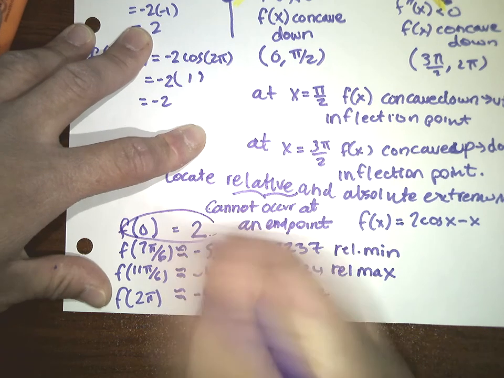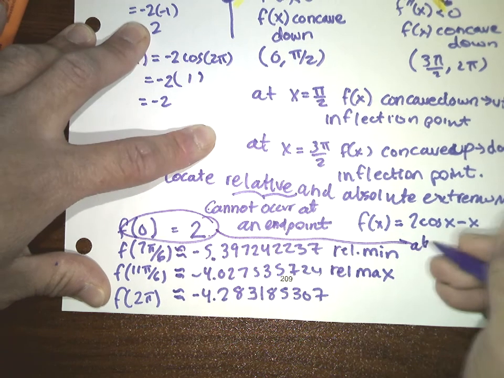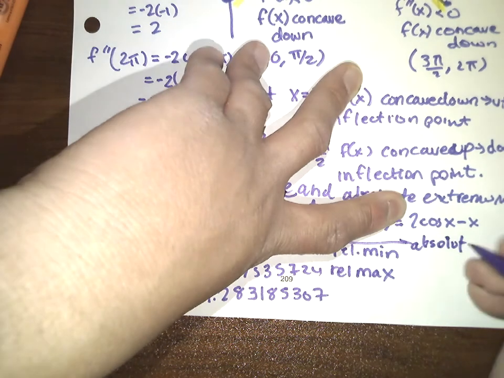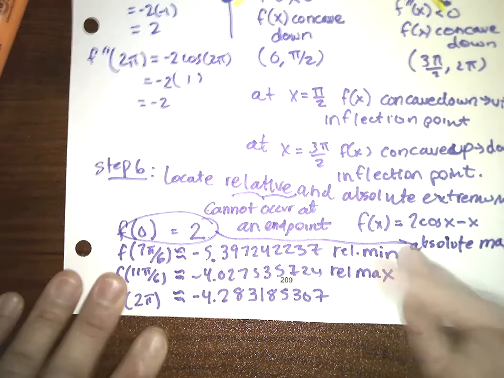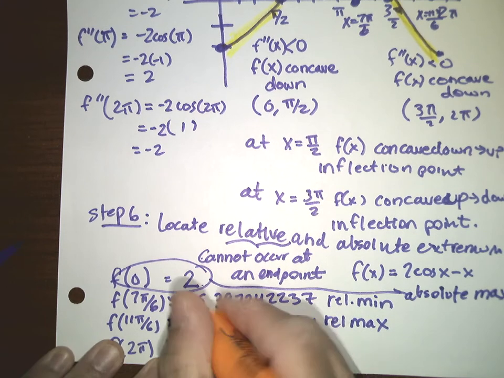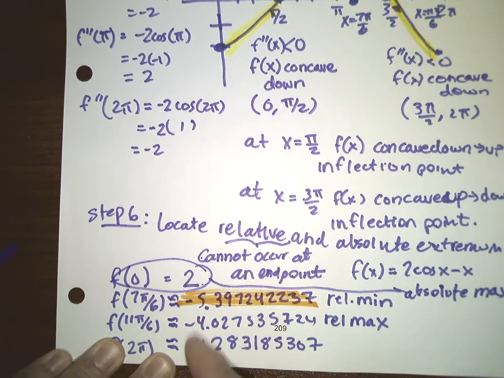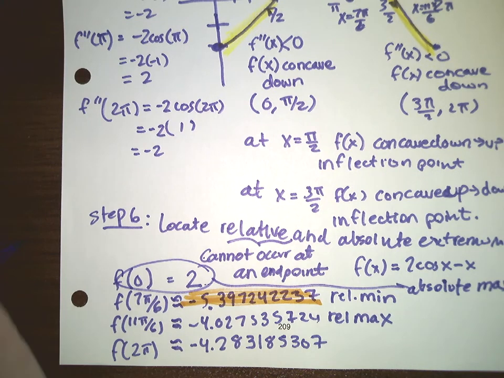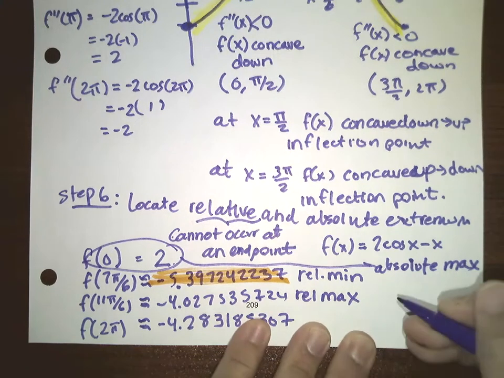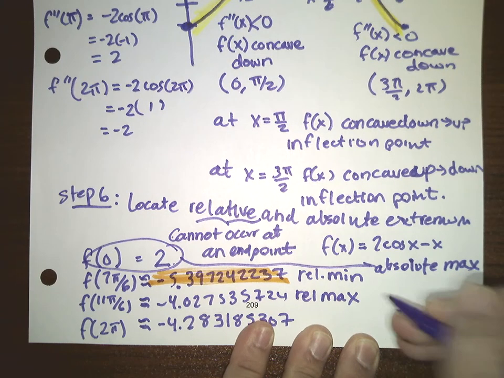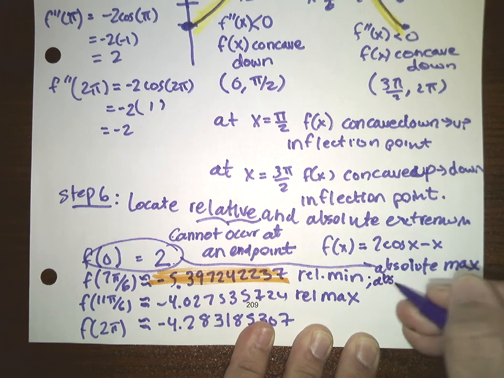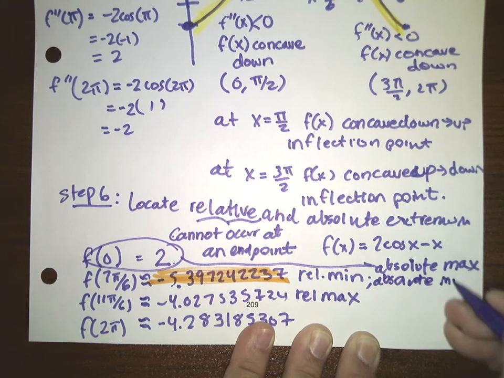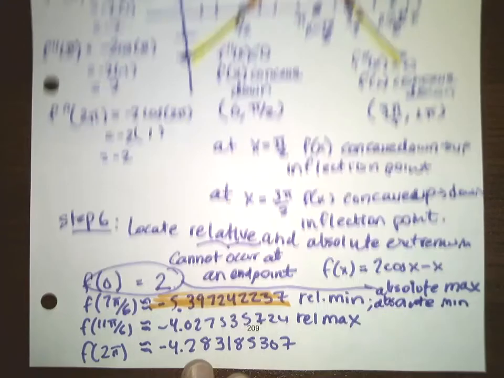So this is the absolute max, and then the overall minimum number, the lowest y value here, was the negative 5.3972422237. So that is the absolute minimum. And now all you do is you graph this.